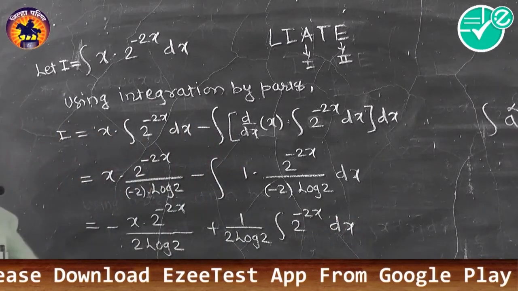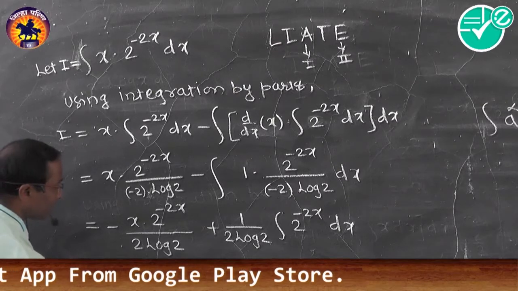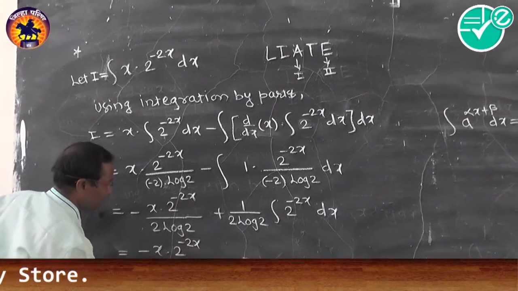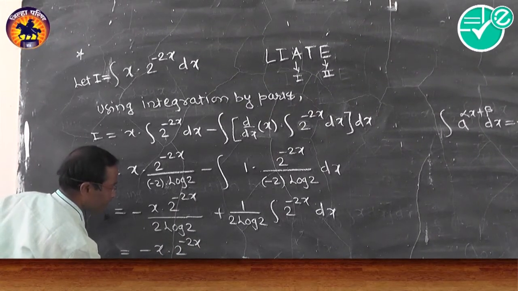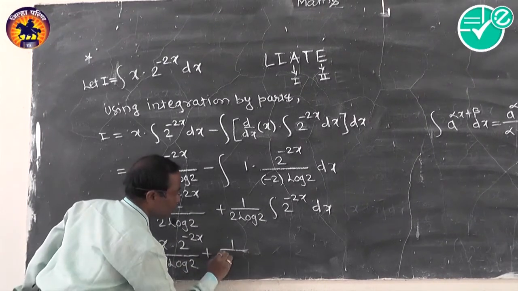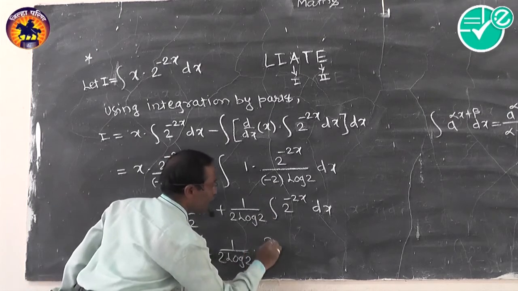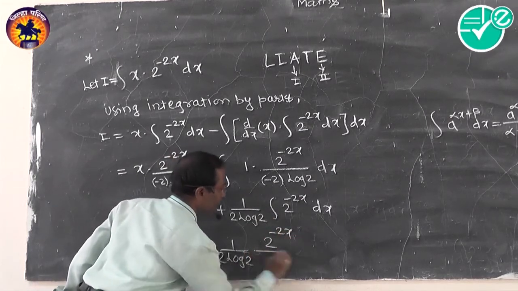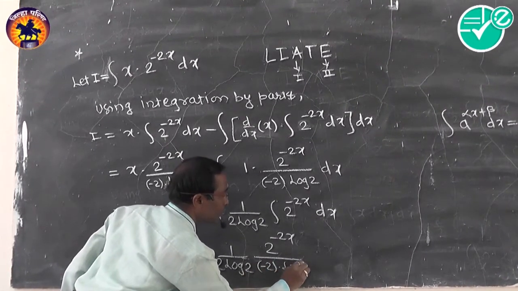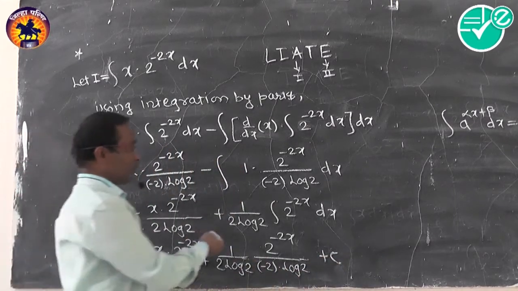Again we take the integration of this function, so we get minus x into 2 to the power minus 2x upon 2 log 2 plus 1 by 2 log 2 into 2 raised to minus 2x upon minus 2 into log 2 plus c. This is the answer. Now simplify this.